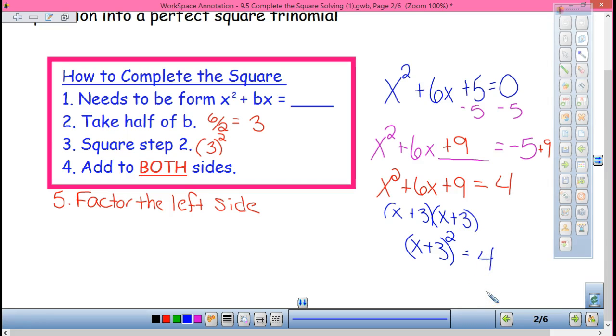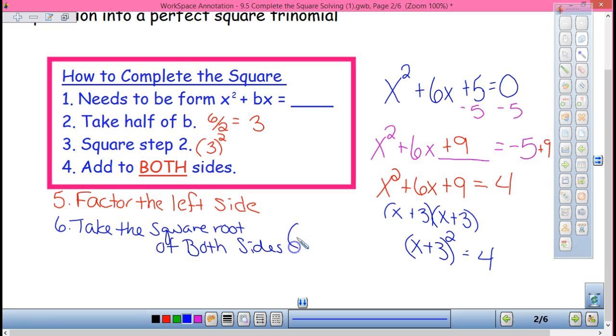Alright. Step 6. Take the square root of both sides. When we do this, we're going to get two equations. I want to make sure that we're writing out these steps.